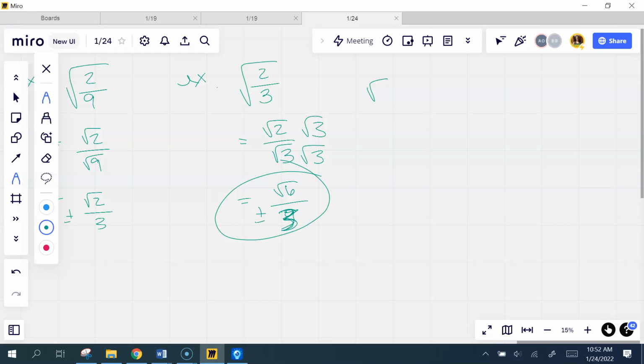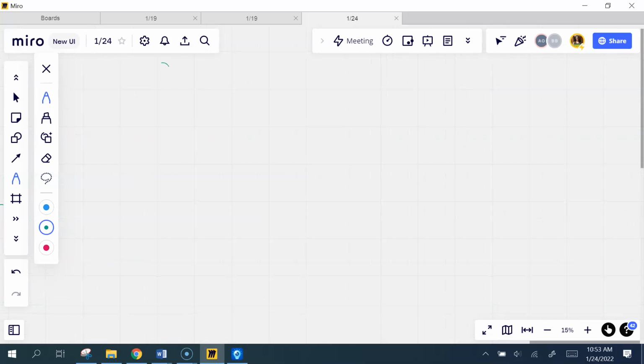Now I'm going to show you one more way, and this is probably the easiest of all the ways, but it only works in certain situations, okay? Square roots.